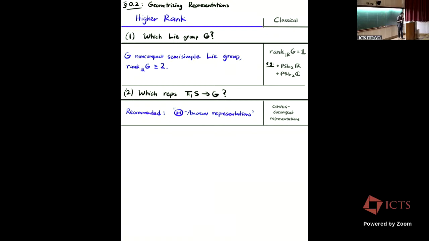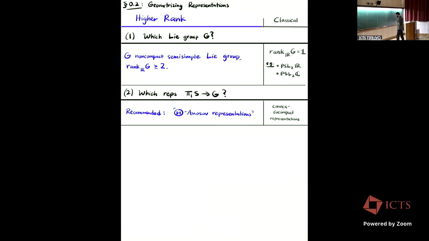So now in the higher rank setting, what can we say about this Anosov condition? Well, I won't give you a precise definition because that's kind of a whole can of worms, but I'll tell you a few important properties. For starters, the Anosov condition is an open condition in the representation variety. So if you have a representation that's Anosov, then some open neighborhood of it is also Anosov.